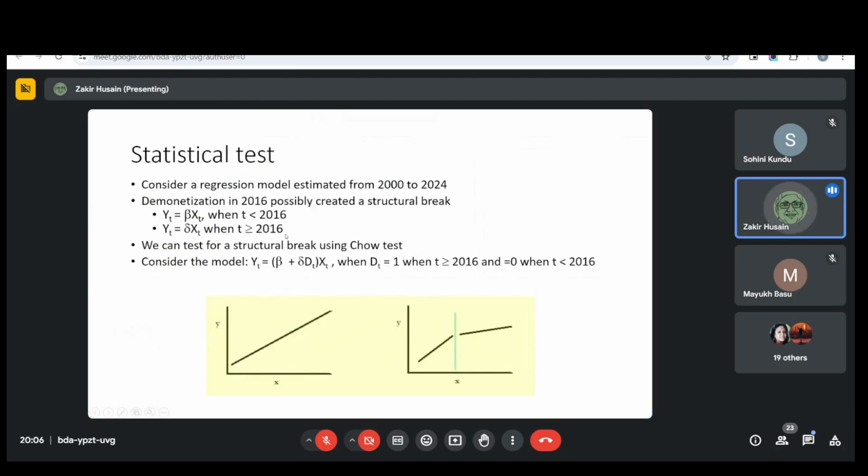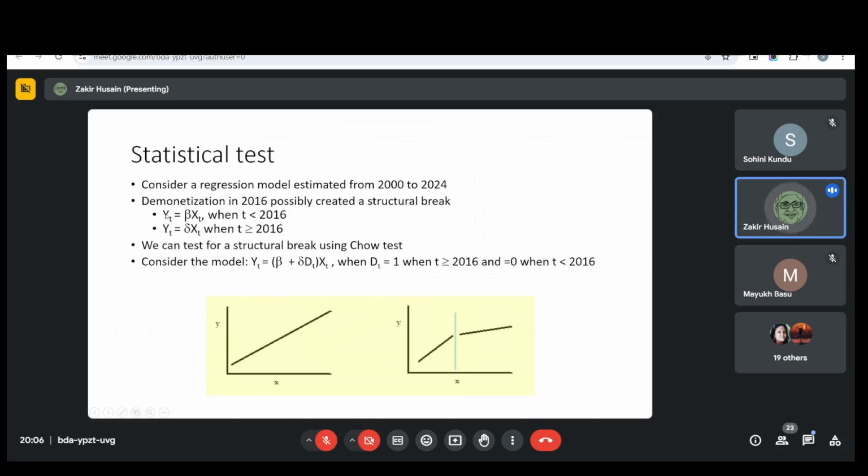By the way, this regression model that I'm doing is a time series data. It's not spatial. So we have a time series data set from 2000 to 2024. Let's assume that it's the growth rate of the Indian economy, and 2016 possibly created a structural break when we had demonetization.